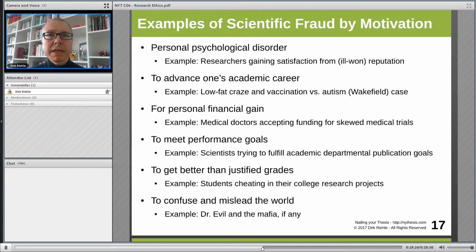To meet performance goals, that is a current problem in some countries in the world where stringent governmental or university or departmental requirements to meet performance goals lead scientists to fake research and get publications out just because, well, it's a performance goal set to them. Fortunately, you don't really have that at German universities, but there are countries, and you can read it in the press, where a lot of this pressure has led to fraudulent publications, which eventually get caught.